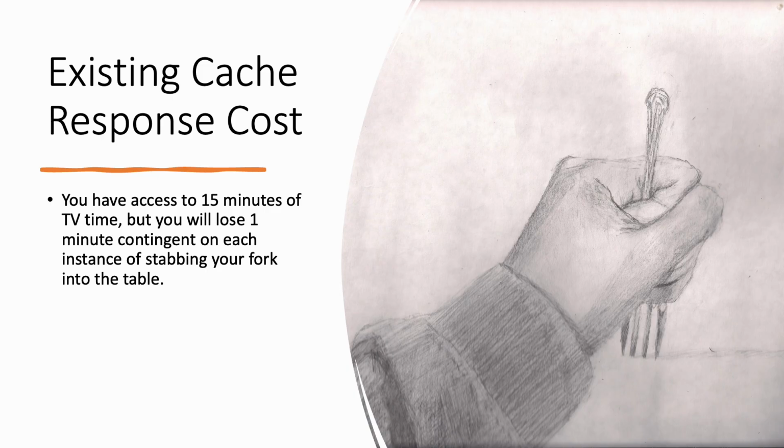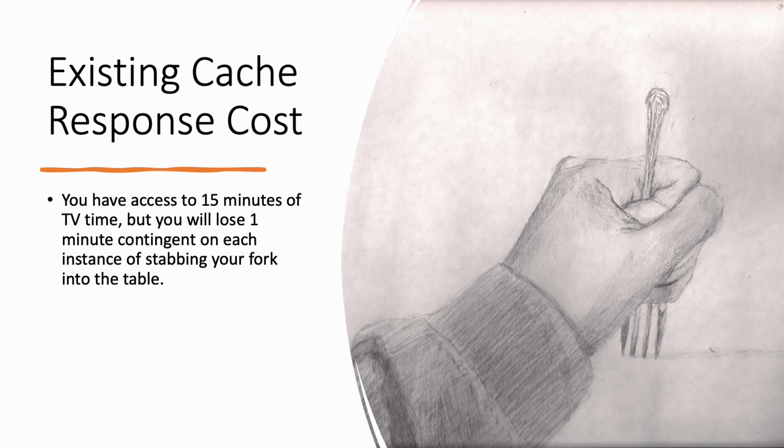Okay, so let's begin with the existing catch response cost, or how you'll most likely hear it referred to in the field, which is just response cost alone. An example is, let's say you have access to 15 minutes of TV time, but contingent on each instance of problem behavior, you will lose 1 minute.